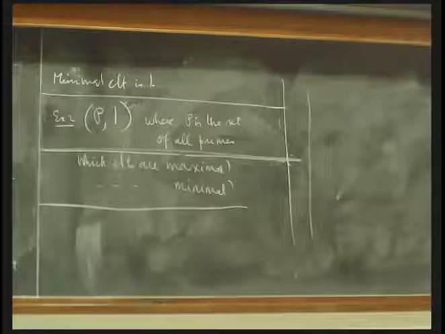But that maximal element may or may not be there. For example, when we are looking for a basis for a vector space, what we are looking for is a maximal element in the poset of the set of all linearly independent sets.